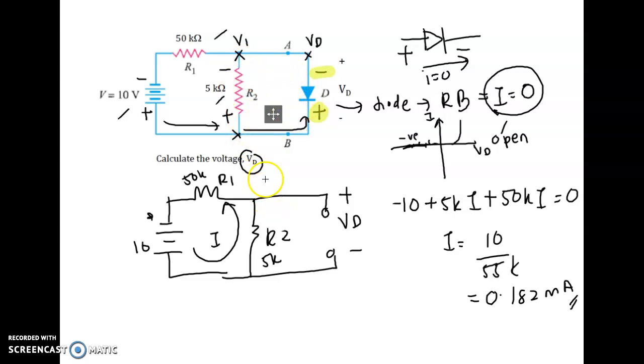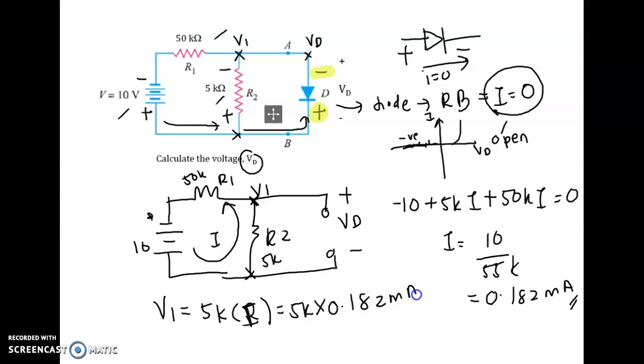Okay. The question 1, the value of VD. If we look at this notation here, first we need to find the voltage drop across R2, that is V1. So the voltage drop across R2 is 5K times I, right? So what is the I? It is 0.182 milliampere. So this one multiplied by 5K becomes 0.9094.